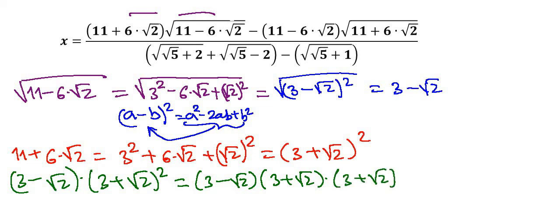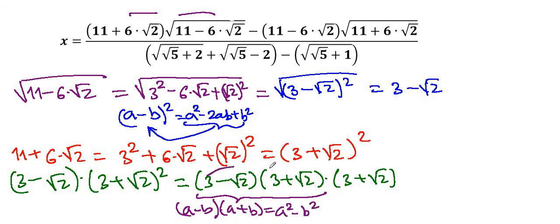And again we see the formula (a minus b) times (a plus b) is equal to a squared minus b squared, right? So 3 squared minus square root of 2 squared, therefore you will get 9 minus 2, which is 7, times (3 plus square root of 2).